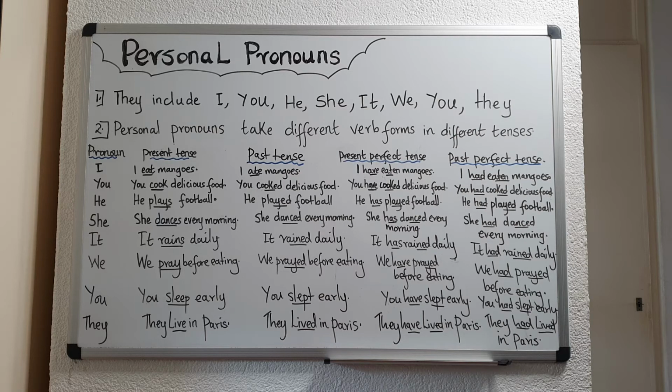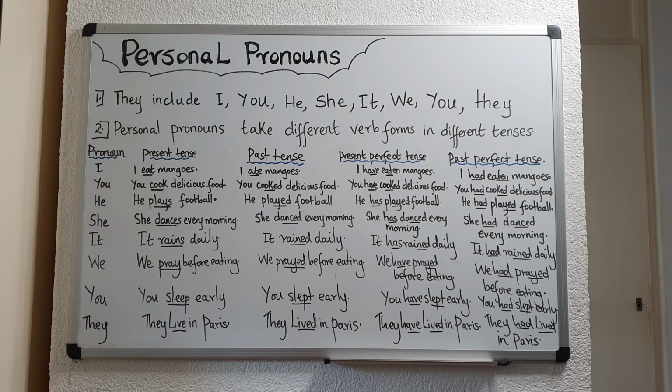In the past tense, that is yesterday, you cooked delicious food. So what happens there? We add ed to the verb cook, and it becomes cooked, because cook is a regular verb.